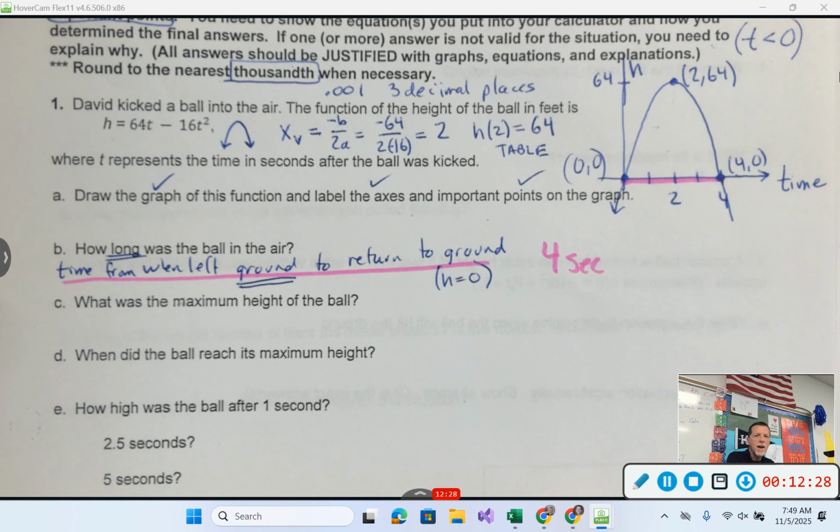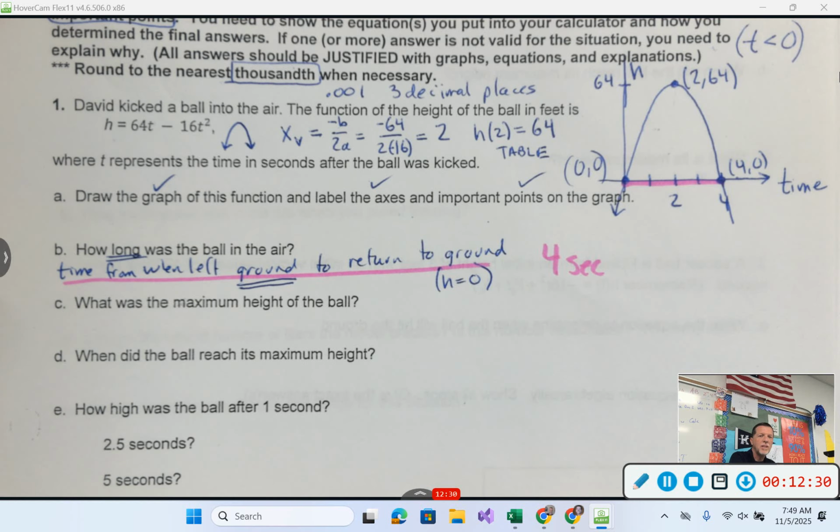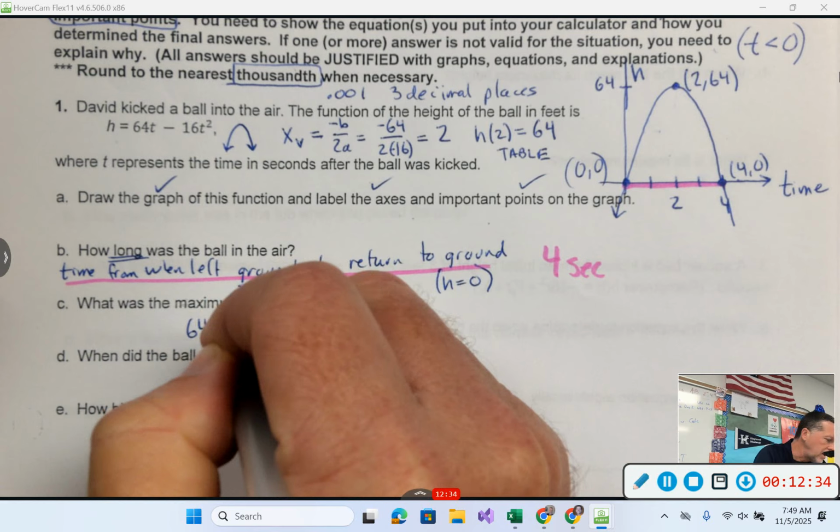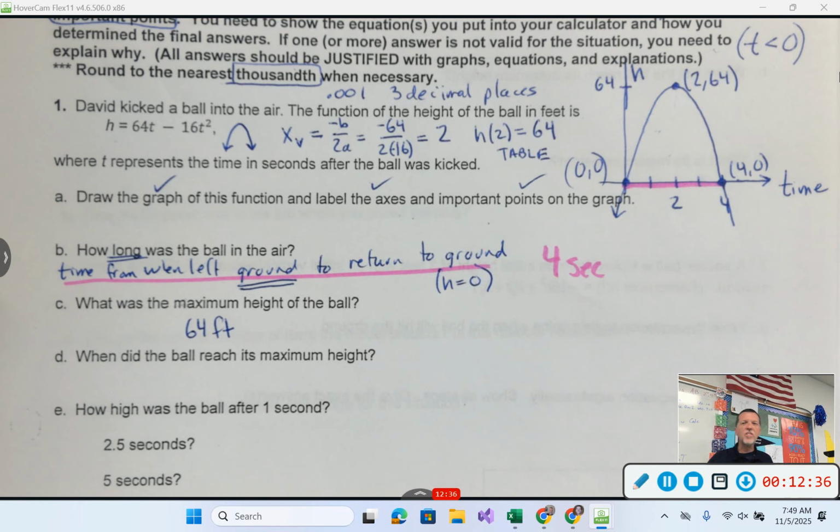What was the maximum height of the ball? 64 feet. 64 feet, but I need to say something that justifies that. I agree. It's where it reached its peak. Okay. That's not wrong, let's use a more mathy word. Vertex. And what about the vertex?